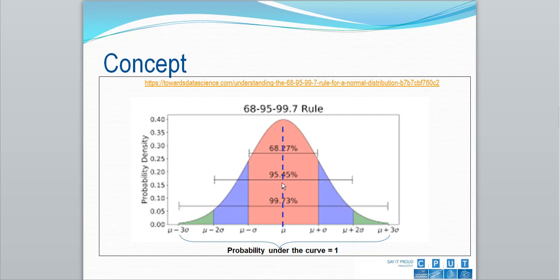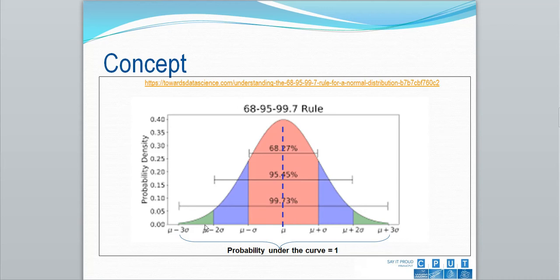It means between +1 standard deviation and -1 standard deviation, 68.27% of data lies in this area. Whereas if you go to -2 standard deviation and to +2 standard deviation, that means 95.45% of data lies between the -2 and 2 standard deviation.